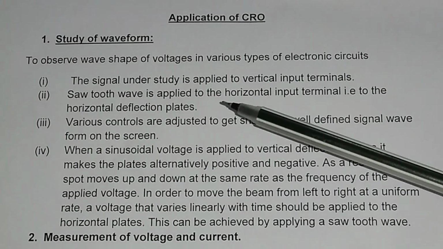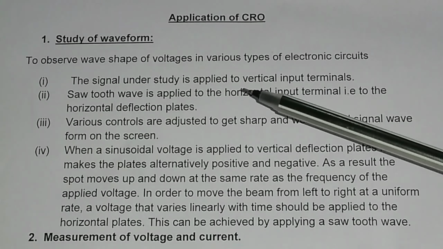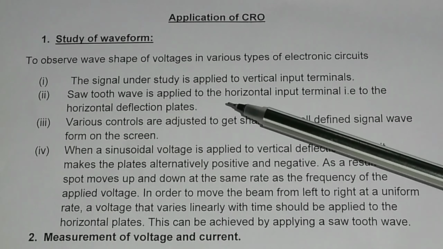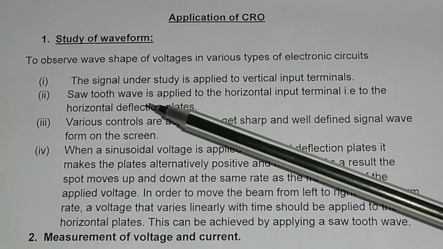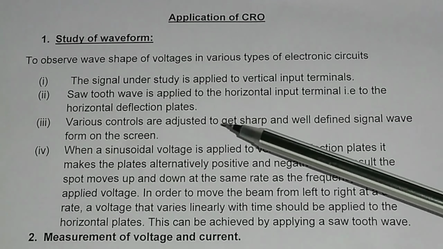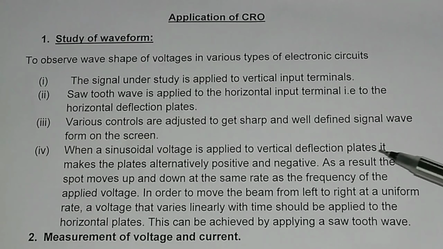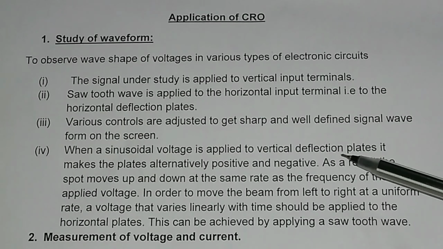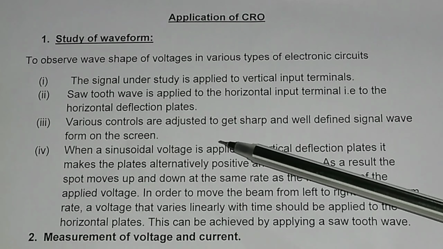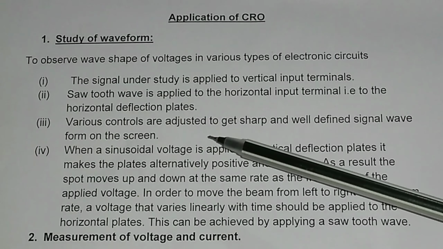A signal generator is a device where you can produce many types of signals, sawtooth wave or sine wave, cos wave, like this. So from the signal generator you give a sawtooth wave to the horizontal input. Then various controls are adjusted to get a sharp and well-defined signal wave on the screen.